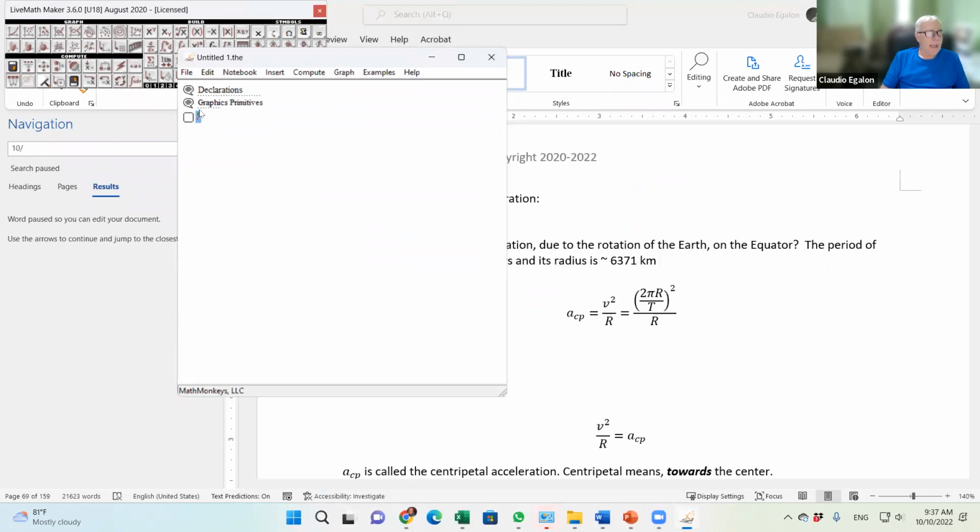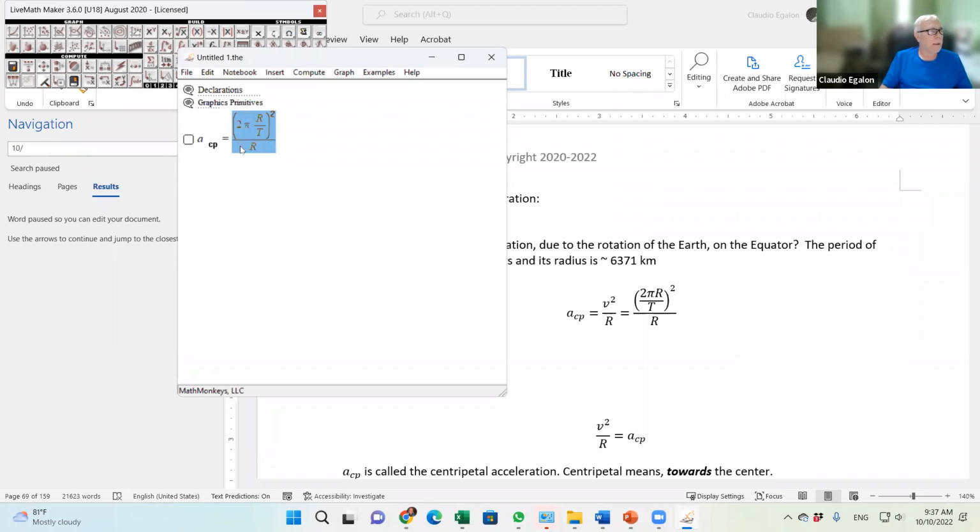So centripetal acceleration is equal to what? 2 pi r over T, the period of rotation of the Earth, all of that squared, divided by r.